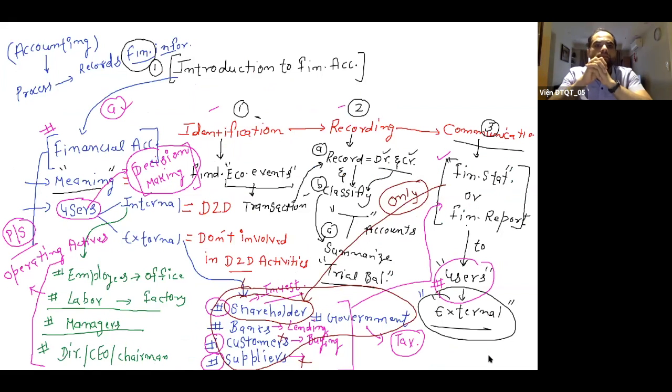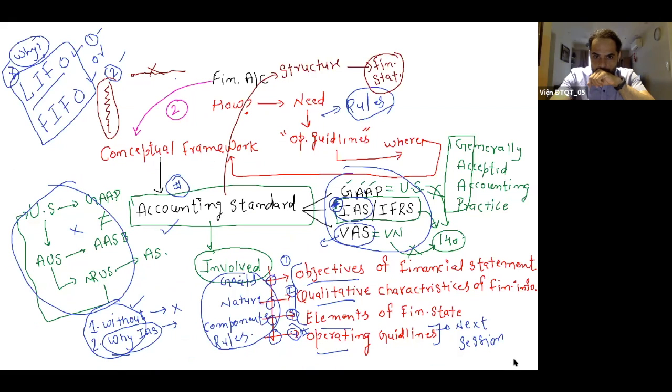first session, right? So the first session stops here. As I said, we finished the objective, we finished the qualitative characteristics: relevance, reliability, comparability, consistency, and we just finished the elements: assets, liability, equity, income, expense.